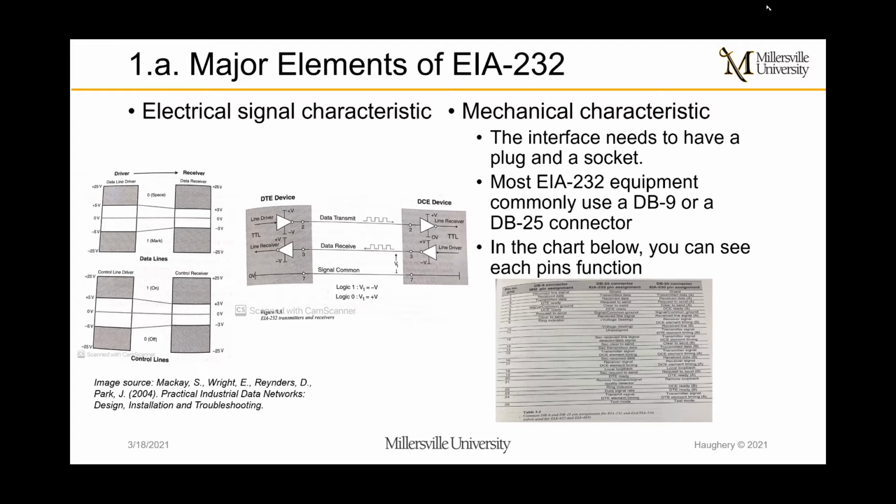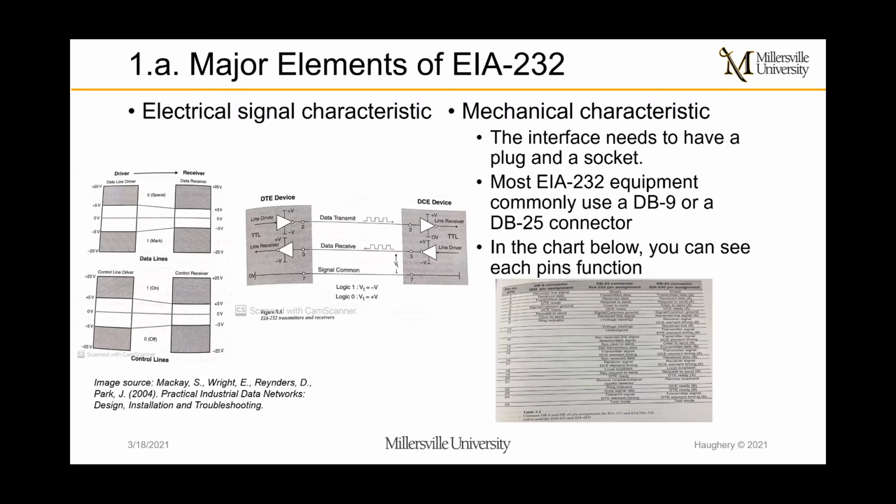It also includes, as you can see in the picture there, the driver, which is the transmitting end of the EIA-232. And then you also have the receiver, which is obviously the receiving end. The driver is used to adjust the voltage to the correct level to be sent out, and the receiver translates the voltage to the correct level so that it can interface with the microprocessor.